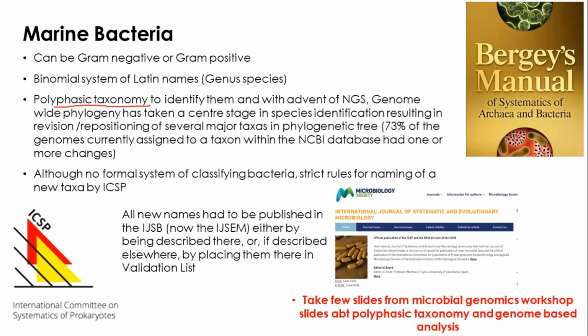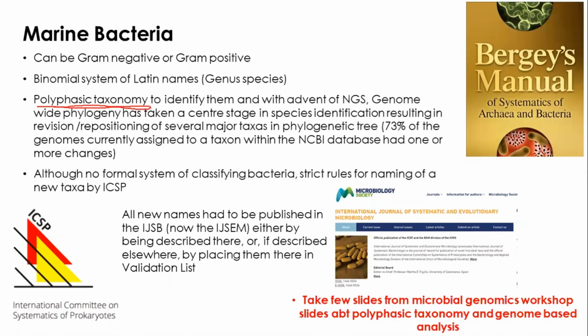For example, chemotaxonomy, that is utilization of the cell membrane fatty acids as a proxy for species identification, or a molecular method like 16S rRNA gene phylogeny. So this was mostly done in the past.